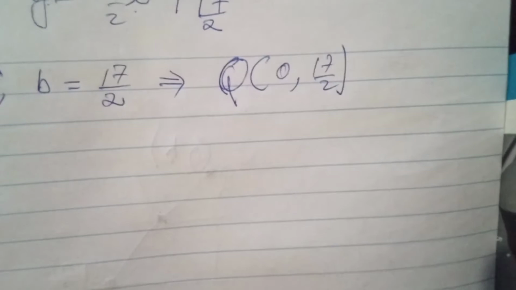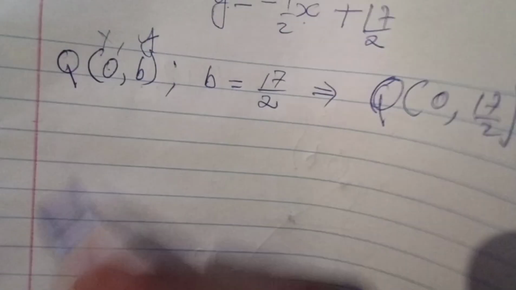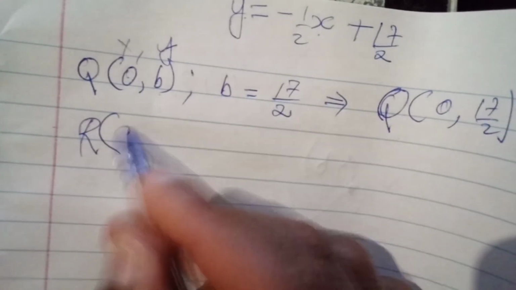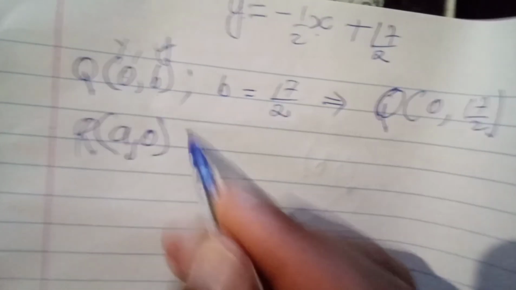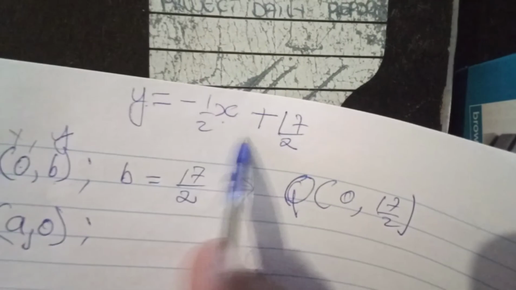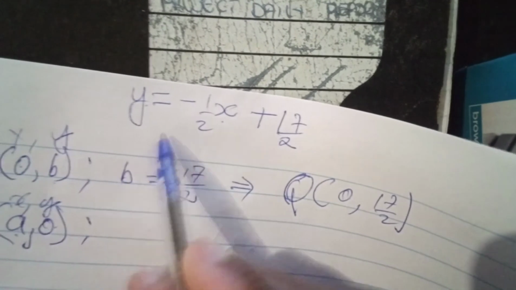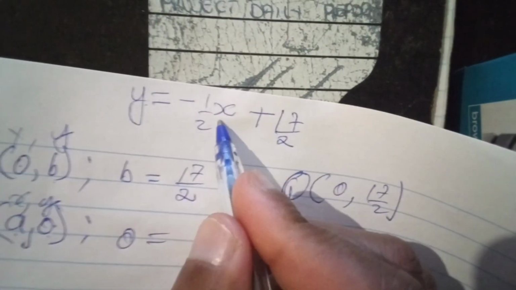All right, so let's go to the position r, where we have (a, 0). Now we go back to this equation where we substitute. For y we put 0, and here we put a instead of x, so we have -a/2 plus 17/2.